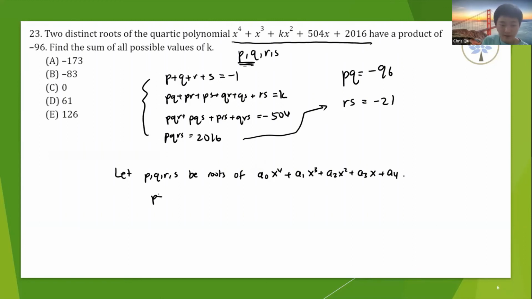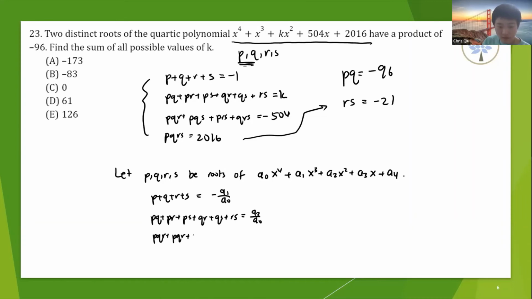Then the sum of the roots, p + q + r + s, is equal to negative a_1 over a_0. The sum of all of the pairwise products is a_2 over a_0.